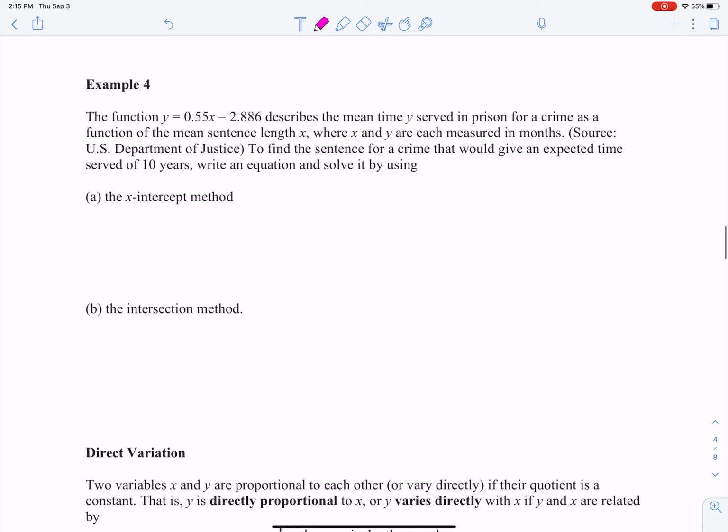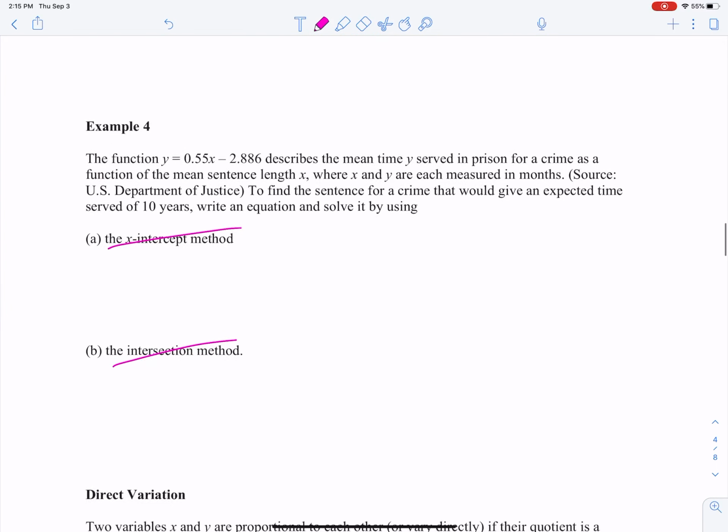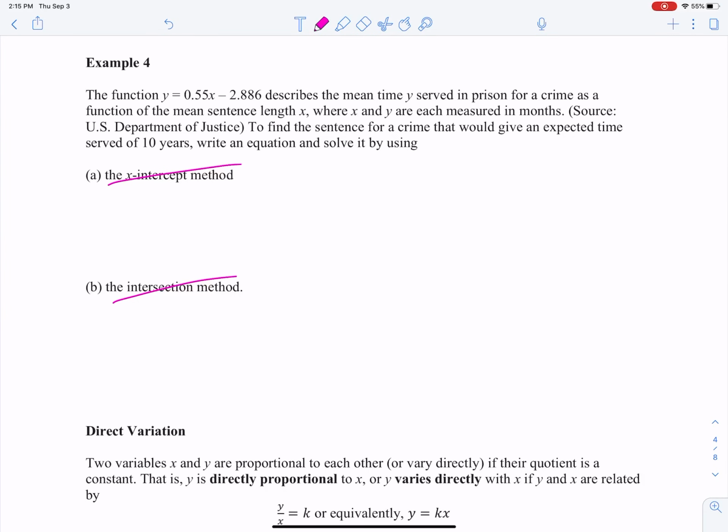Example 4, they're saying you use the x-intercept method and the intersection method. That's if we did it with the calculator. You can try it if you want by reading what they did up there. But again, I'm not going to do that to you on a test or a quiz or the homework. If there's homework problems that ask you to use the calculator, you're welcome to use the algebraic methods.